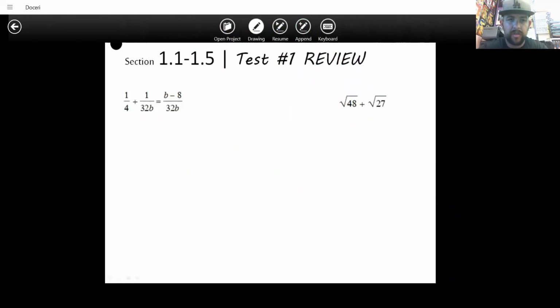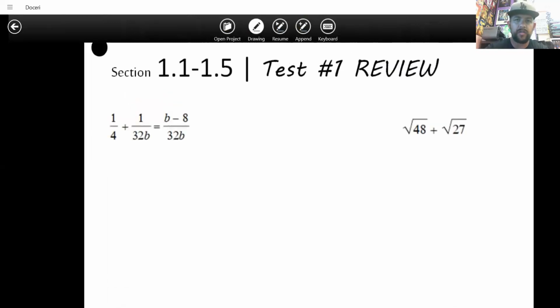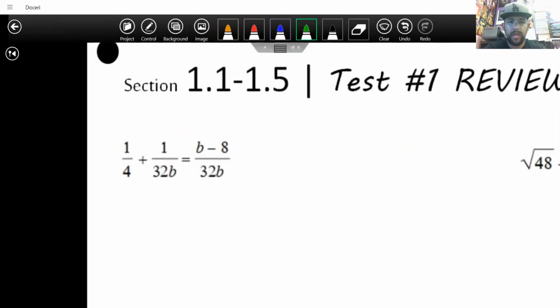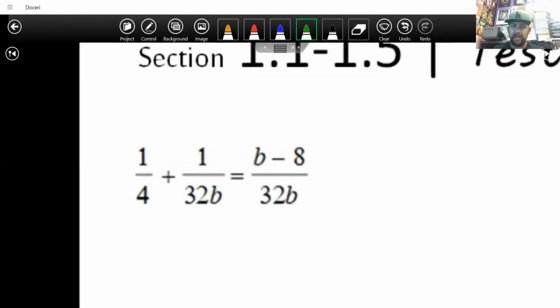Okay. Reviewing this really close, we want to reduce down the best way we can. In this case, we have a fractional expression that we want to find a common denominator for.